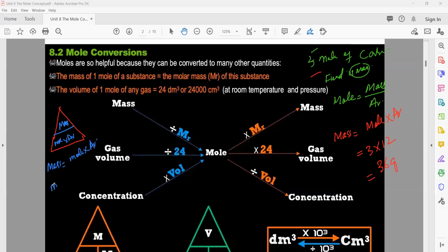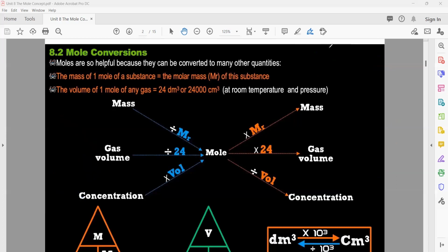If you want to find mole, formula will be mass divided by AR. If you want to find AR, formula will be mass divided by mole. So it depends on the data which is given to you. According to that, you can use the formula and you can find the number of moles.